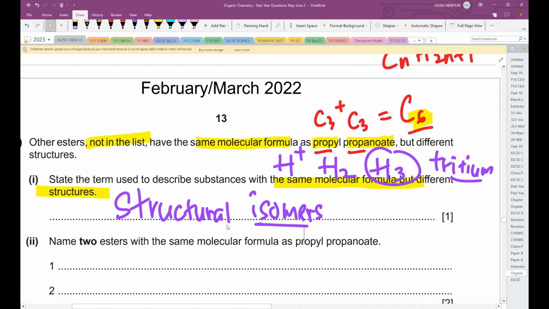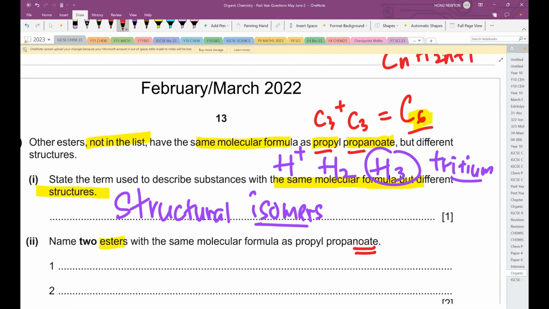So now this question is a bit creative. Question number 2: 2 esters with the same molecular formula as propyl propanoate. So how are you going to form them? An ester must have a name ending with NOATE.